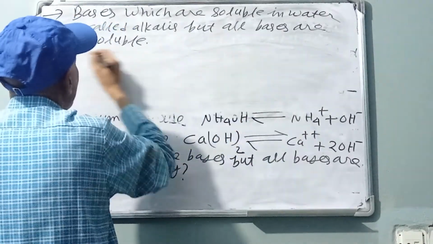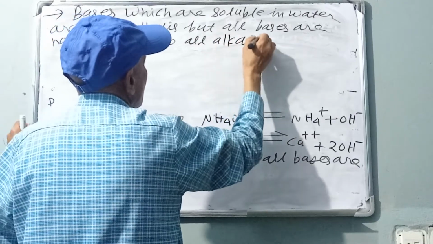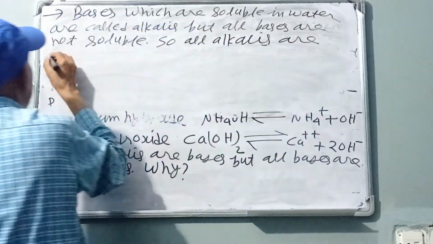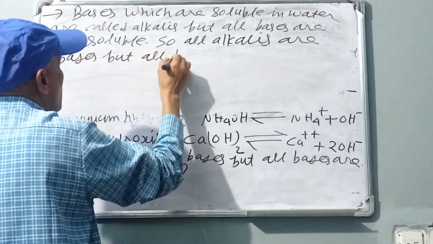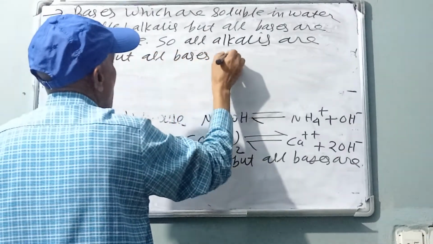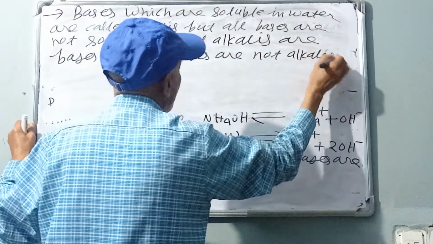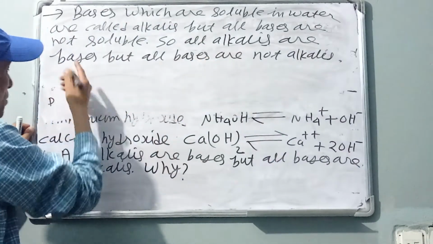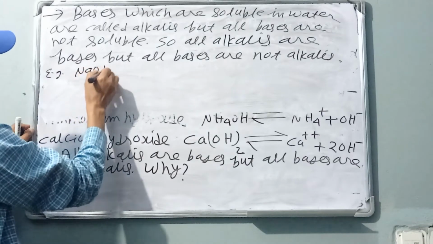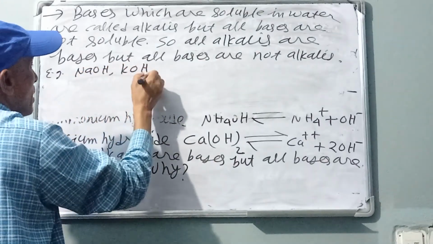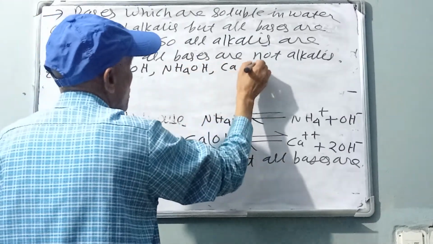So all alkalis are bases, but all bases are not alkalis. Example: sodium hydroxide, potassium hydroxide, ammonium hydroxide, calcium hydroxide.